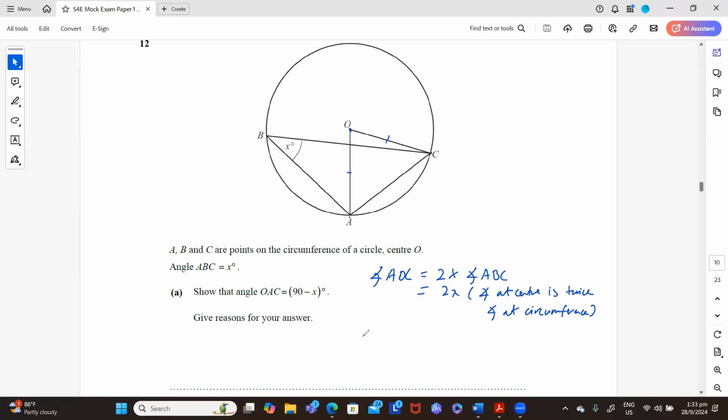So you can just write down that angle OAC is actually 180 degrees minus 2x divided by 2, which equals 90 minus x. The reasoning is base angle of an isosceles triangle.